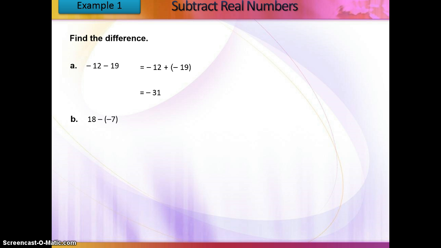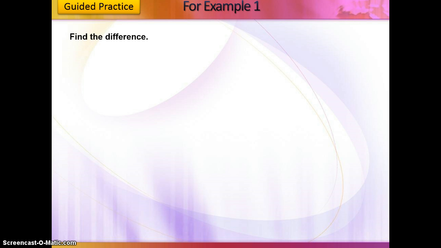Example B, I have 18 minus negative 7. This would be the same as saying 18 plus 7. So 18 plus 7 is 25. Number 1, negative 2 minus 7. This is the same as saying negative 2 plus negative 7.